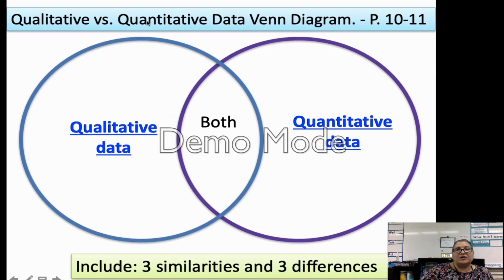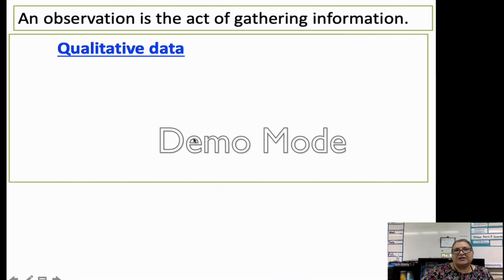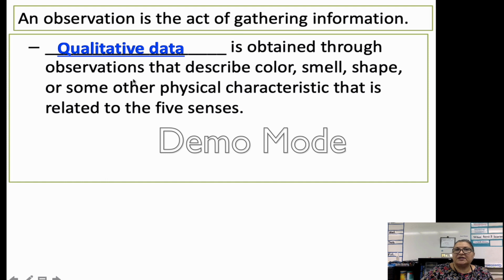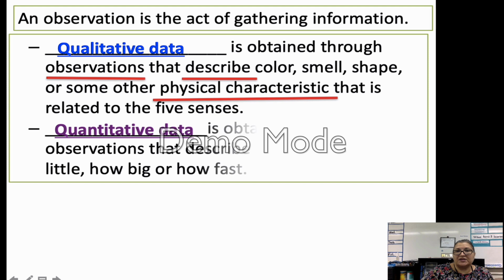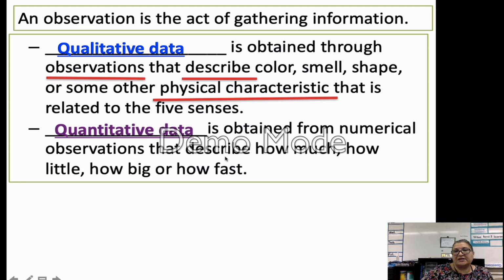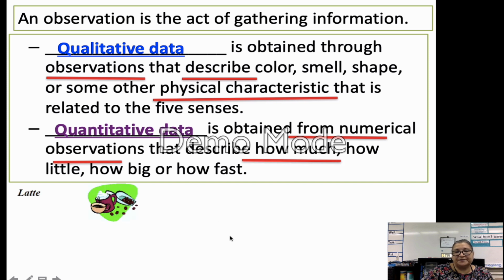Okay, next we're comparing and contrasting qualitative versus quantitative. The qualitative has to do with observations that describe physical characteristics like color, smell, shape, related to the five senses. Now, the quantitative has to do with numeric observation that describes how much, how fast.